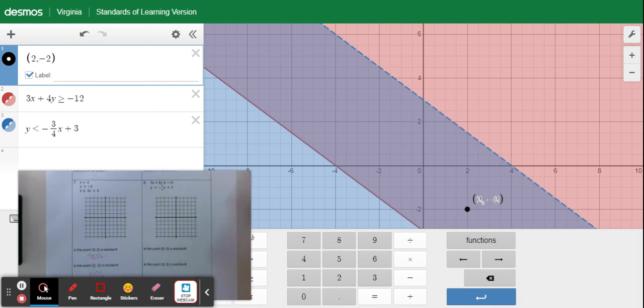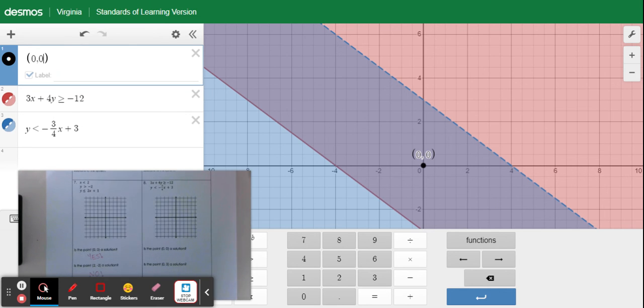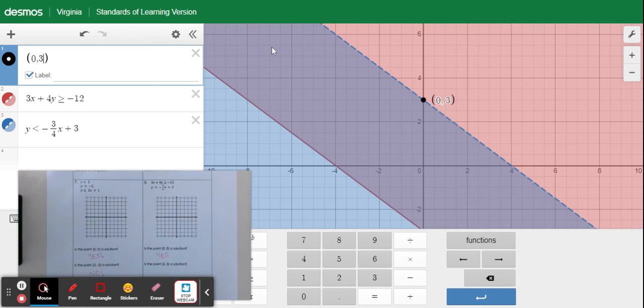So let's see if 0, 0 is part of that solution set. I can see that it is, but let's prove it visually to ourselves that yes, it is a solution. And now we'll see 0, 3. Right here, it is on the dotted line. It is not a solution.